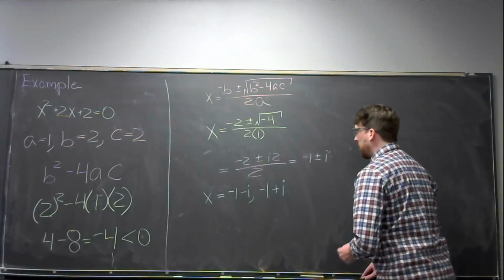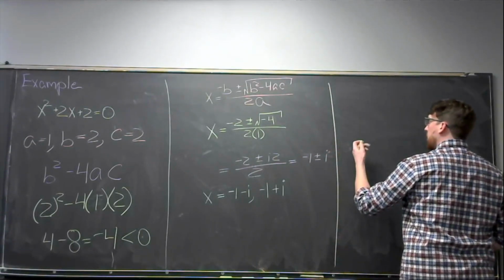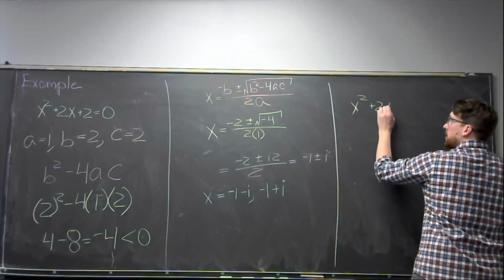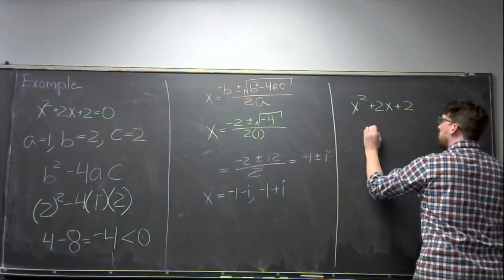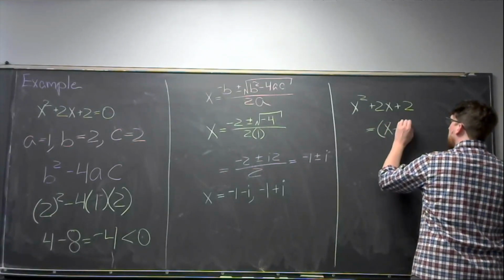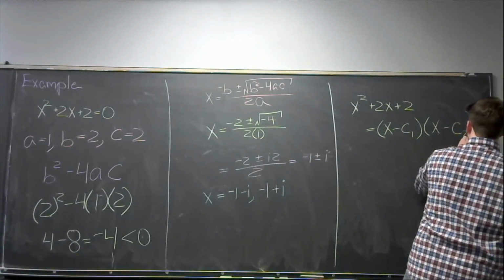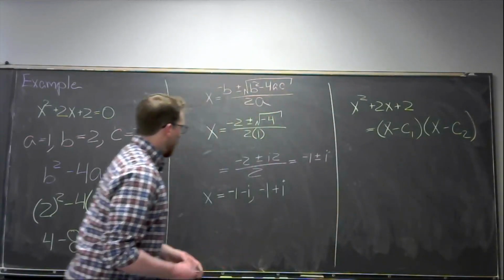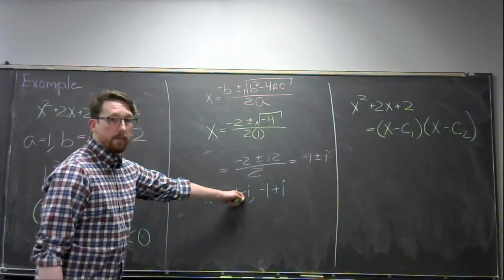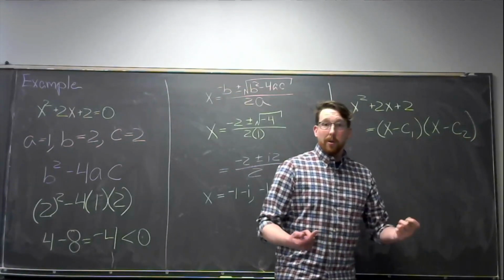Now you know that x squared plus 2x plus 2 is equal to, by linear factorization theorem, x minus c1 times x minus c2. Well, we can imagine c1 being equal to -1 minus i, because it's one of our zeros, right? And these have to be the roots or zeros of our polynomial.